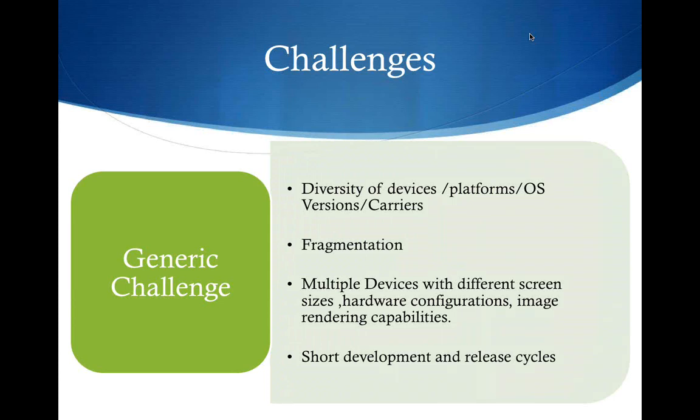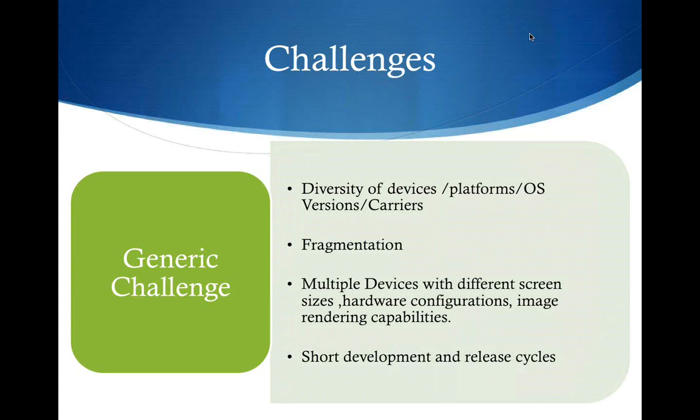There is a huge amount of devices supporting all of these different OSs. I'll go into these things in detail a bit later. Again, due to the fragmentation, it results in multiple devices with different hardware configurations and image rendering capabilities. These three are especially important for Android.